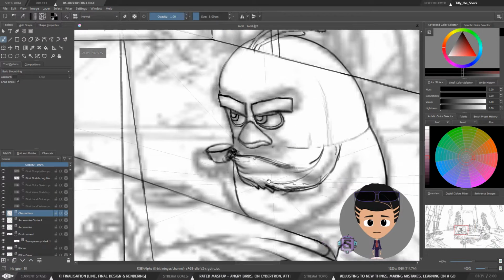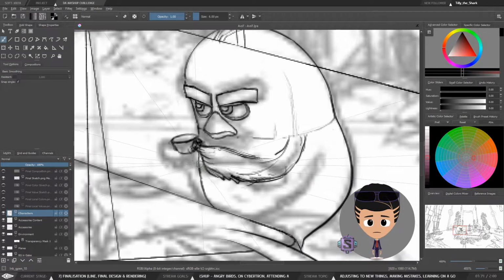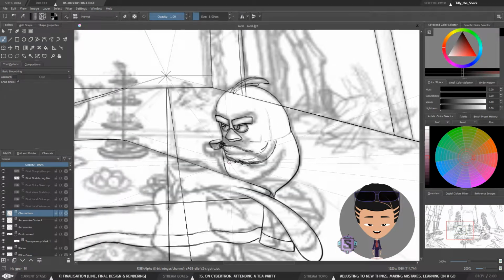What else? Now we need to figure out how to properly put the second wing and make it intersect with this one. It's not going to reach too far.